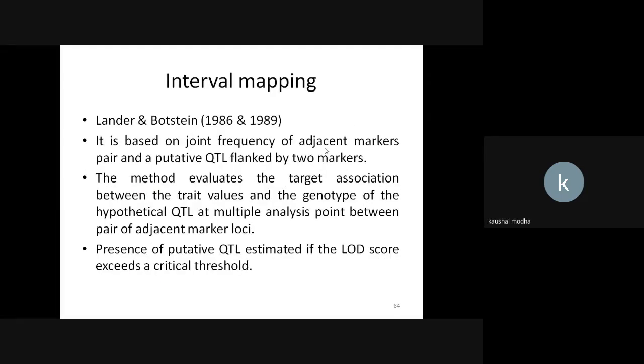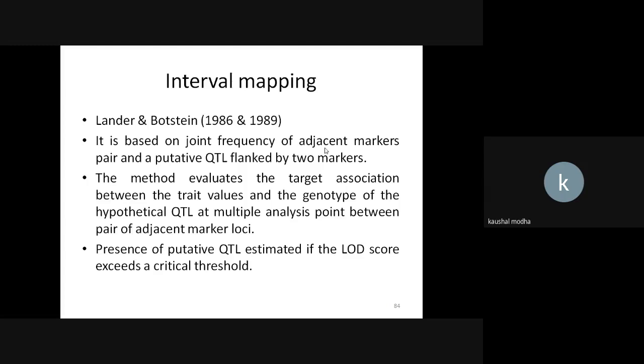So the next best technique, an improvement over single locus analysis, is interval mapping. In interval mapping, we consider flanking markers, and whichever interval is present between these two markers, that marker interval may be harboring one QTL, one locus governing the quantitative trait.